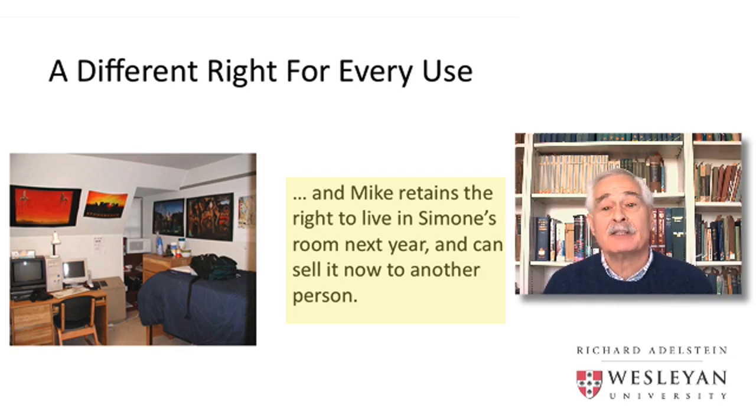And so it would be possible for Mike in 2012 to sell the rights to live in Simone's room to somebody other than Simone for the academic year 2013-2014. Simone will be gone in June of 2013, and so Mike can sell the rights that Simone had in 2012 and 13 to somebody else to use in the year 2013 and 14, and he can make that sale today so that that person will have the property rights at some period in the future.